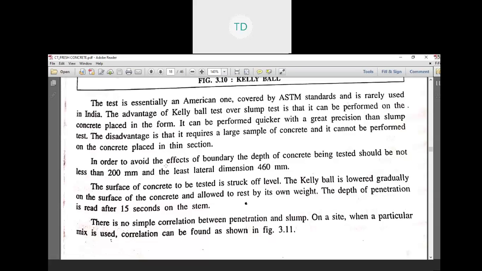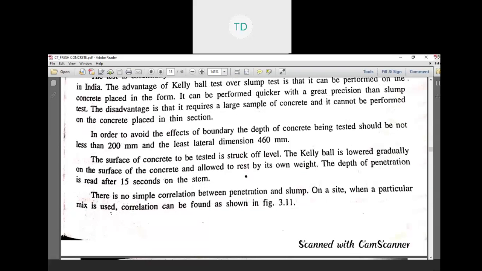The disadvantage is that it requires a large sample of concrete and it cannot be performed on concrete placed in thin sections. In order to avoid the effects of boundary, the depth of concrete being tested should be not less than 200 mm and the least lateral dimension is 460 mm.